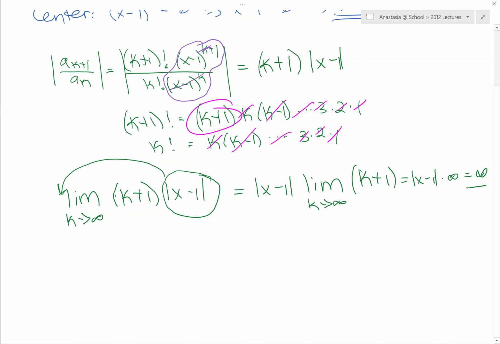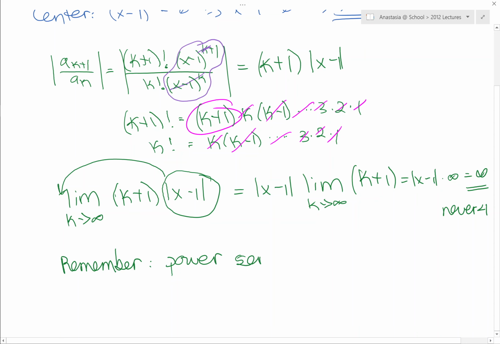Well, notice that this is never less than 1. For any x value, it's not going to be less than 1. However, we know from the notes on the previous day's lecture that a power series always converges at its center.